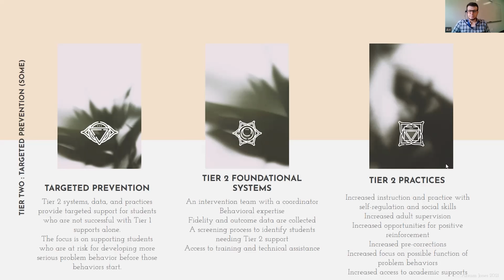Okay, so what do we really do at Tier 2? What are the practices? There's increased instruction and practice with self-regulation and social skills. Also increased adult supervision for the folks that need this. There are increased opportunities for positive reinforcement.